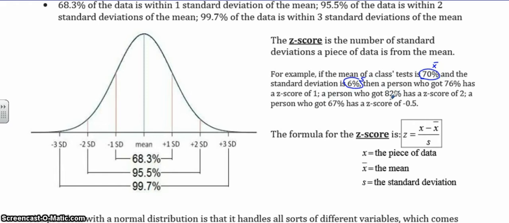If the person got an 82, from 70 you've added 6 two times, so that person's z-score is 2. If the person got a 67, you have subtracted half of the standard deviation, so the z-score is negative 0.5.